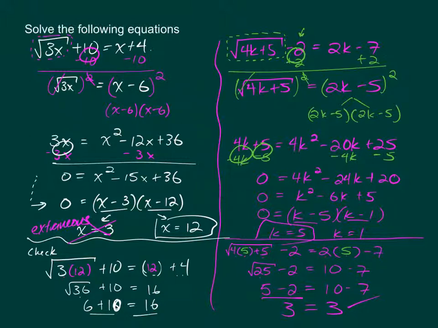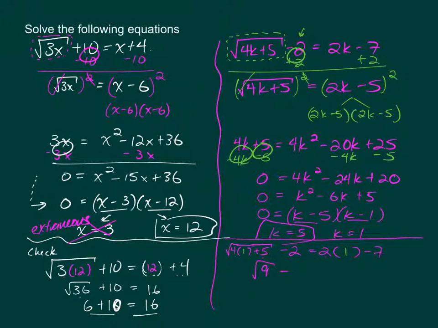So now we can go back and check out what happens if we substitute the 1 in there for k. Let me erase all this. There we go. So we will have the square root of 4 times 1 plus 5, minus 2, equals 2 times 1 minus 7. So 4 times 1 plus 5 is 9.